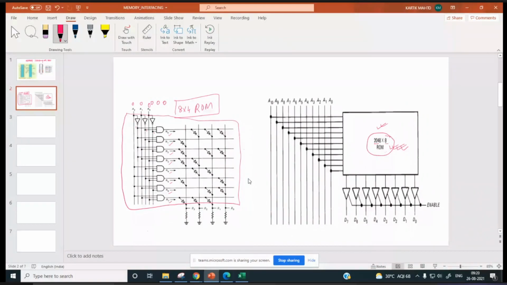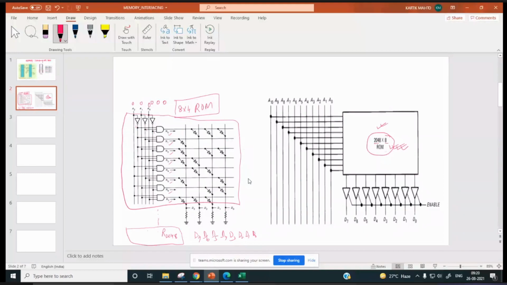Similarly, we will have up to R2048, is it not? And this will be D0, D1, D2, D3, D4, D5, D6, D7.